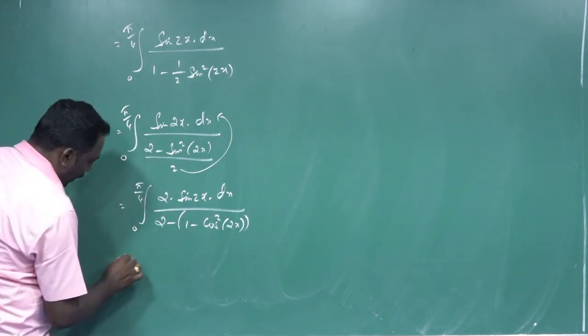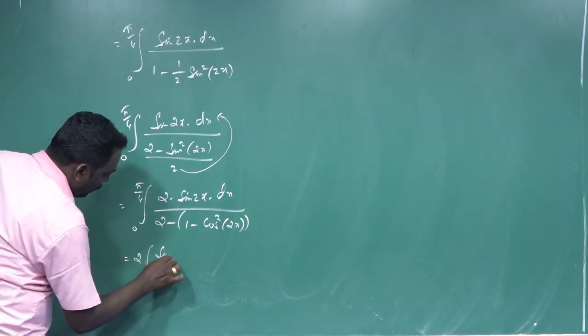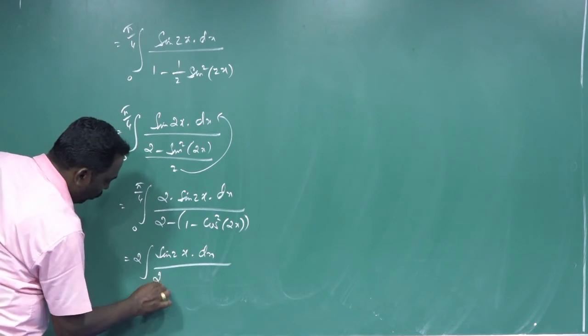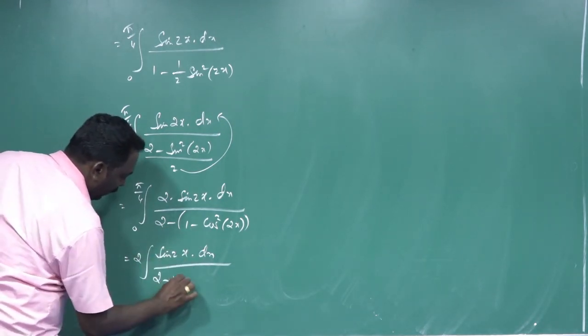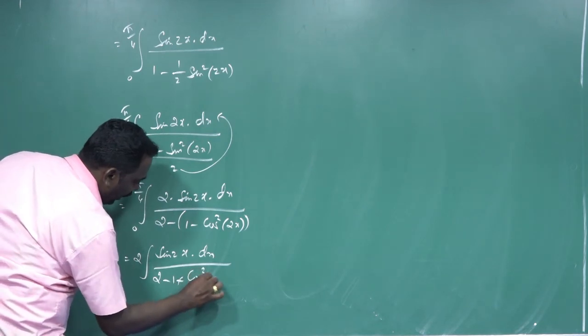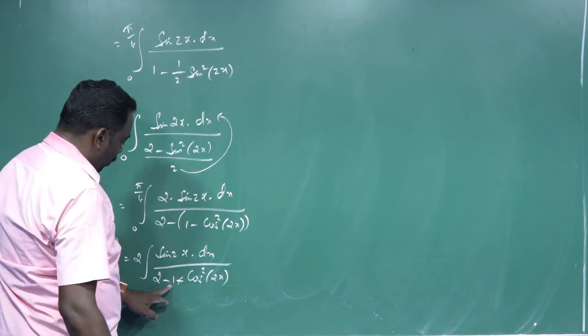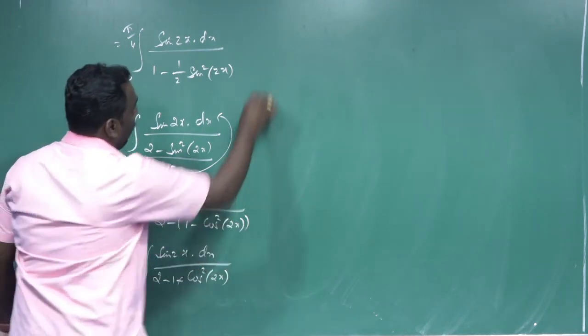Now just remove the bracket, you can write 2 outside, 2 into sin 2x dx by 2 minus, plus minus 1 and minus minus plus cos square 2x. Now 2 minus 1 equal to plus 1, plus 1 into cos square 2x.